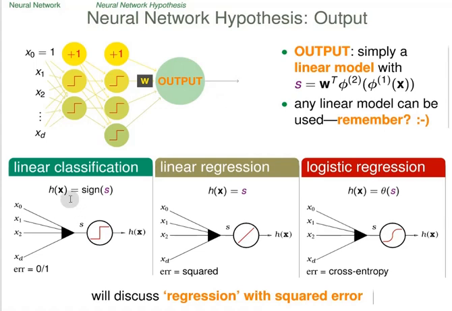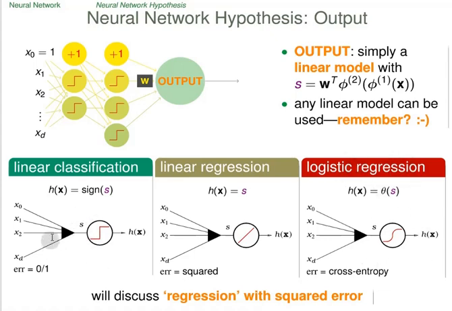If you compare all these three linear models, as shown here, and then the neural network, we can see that depending on the type of the function we use at the output here, on the score S or the signal, we can change it to either a linear classifier, linear regressor, or logistic regression hypothesis.